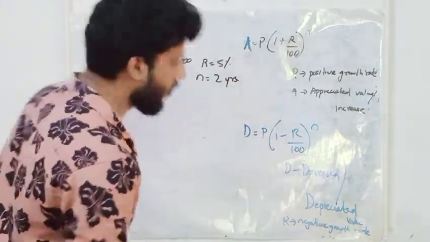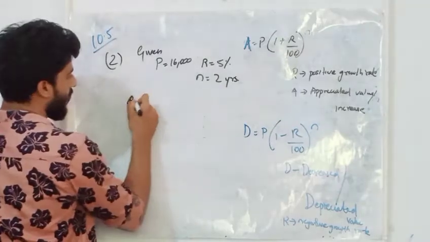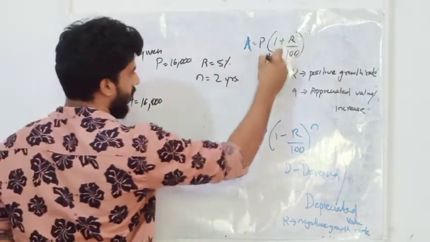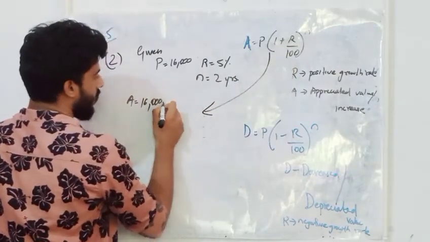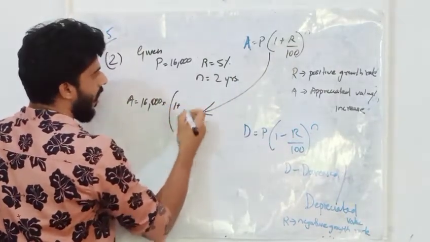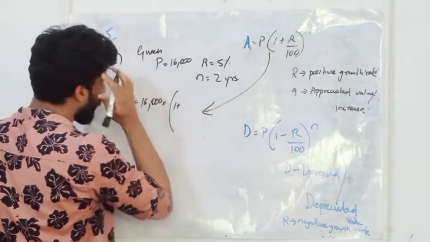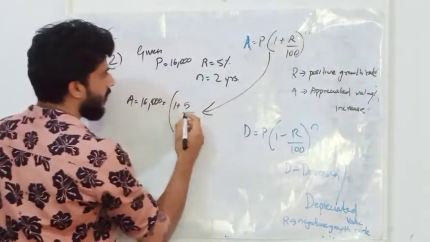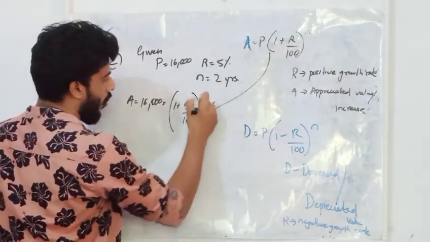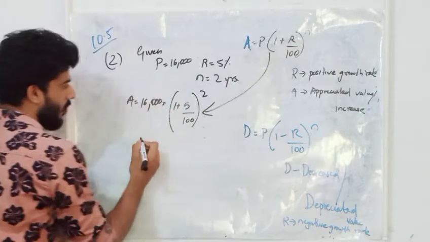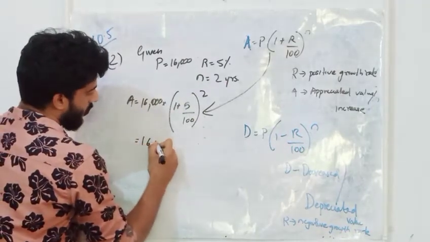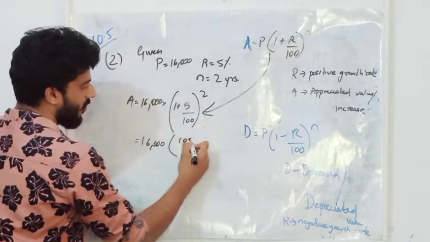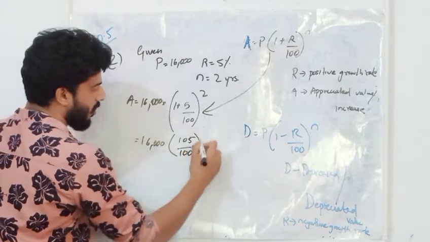So amount is equal to P, 16,000. Here I am using this equation: 16,000 into 1 plus R by 100 whole raised to n. Our rate is 5, a positive growth rate, and n is 2. Cross multiplication gives us 100 plus 5, 105, divided by 100 whole raised to square.